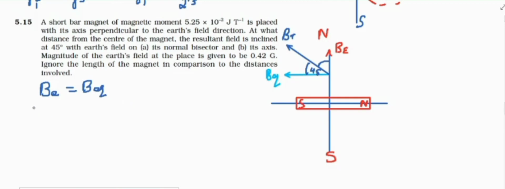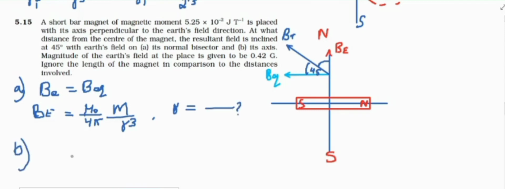So for case A, BE is equal to B equatorial, whose value is mu naught by 4 pi, M by r cubed. You know the value of B, M, etc., so the value of r you can calculate.